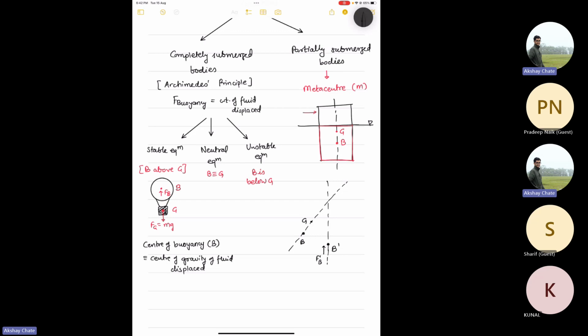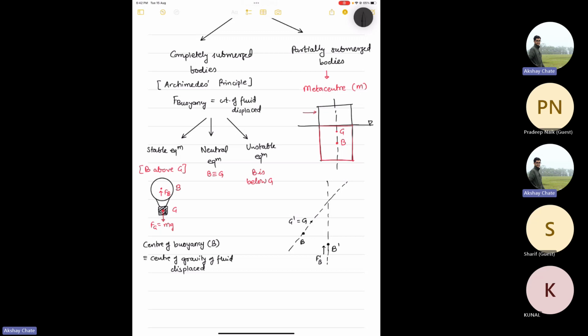And your G point, your center of gravity, is independent of whether it is submerged or partially submerged. So G will remain here only. Even if you give a push, your G will not change.